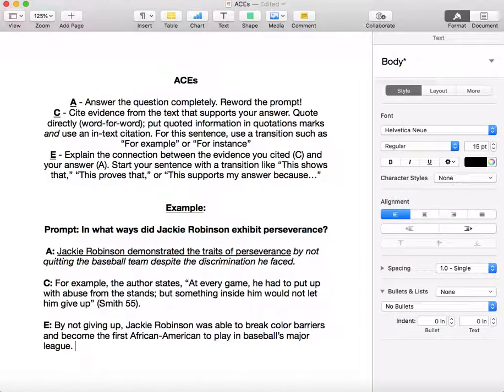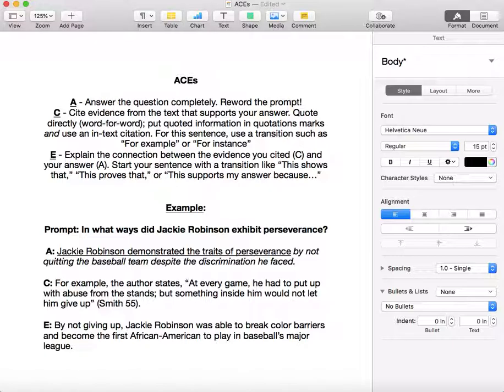So, not only have I explained the connection between my citation and my answer, I've also used a good transition. There's a multitude of transitions, but I said, by not giving up, which transitions into my sentence.